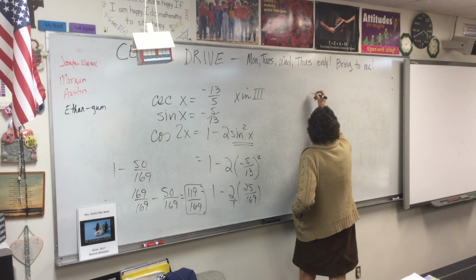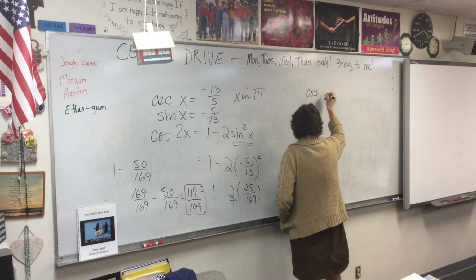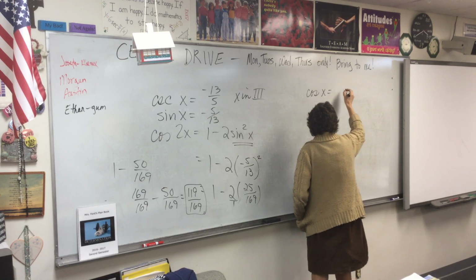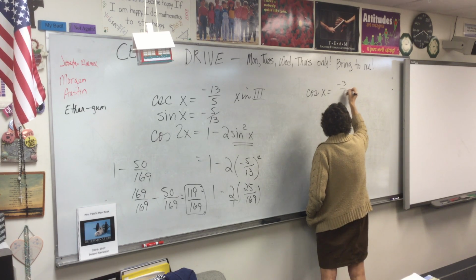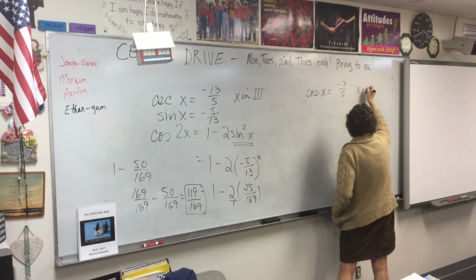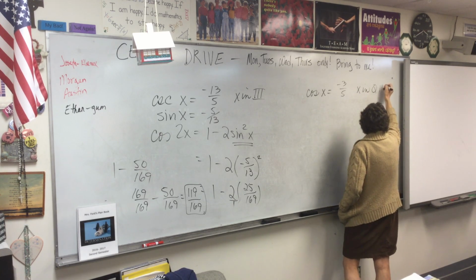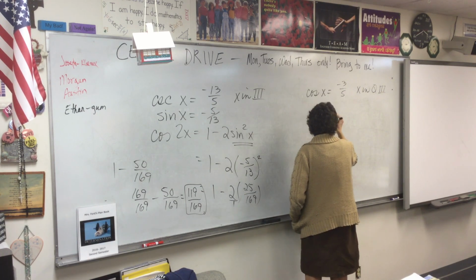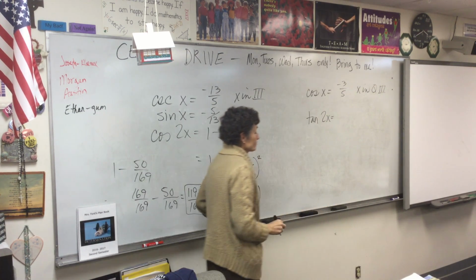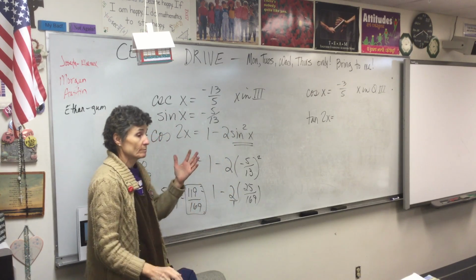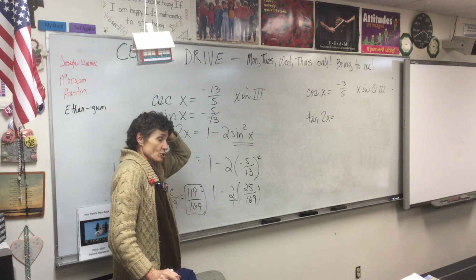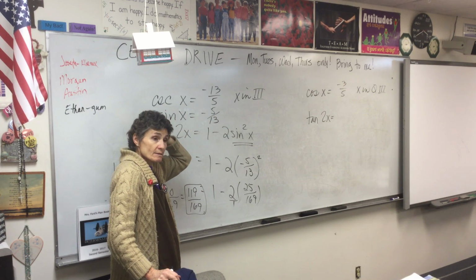Let's say the cosine is negative 3/5, and we'll put it in quadrant 3, and we want to find the tangent of 2x. So this is the problem. You got your given up there on the top, and then you've got your question. What is the tangent of 2x?